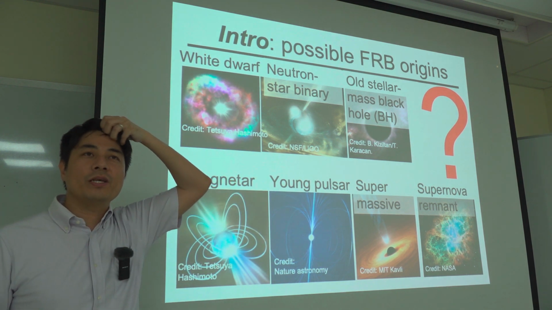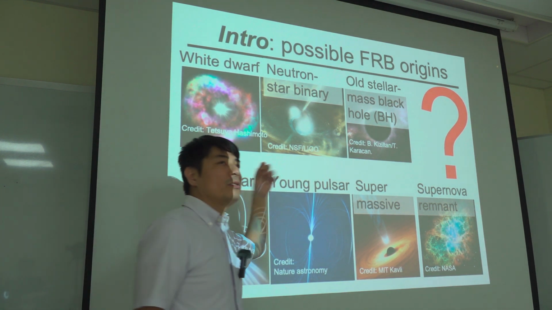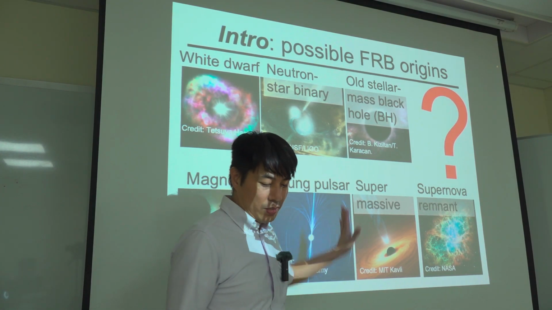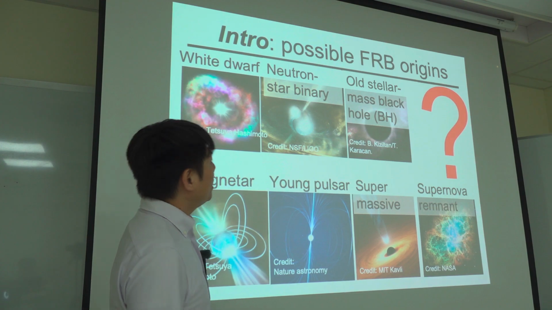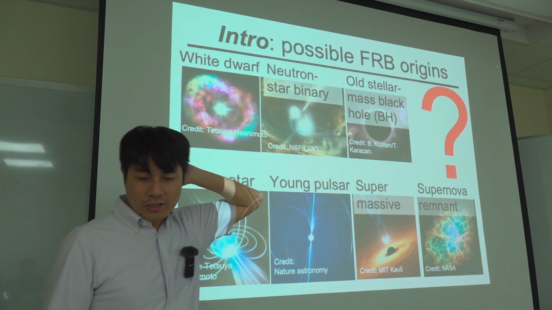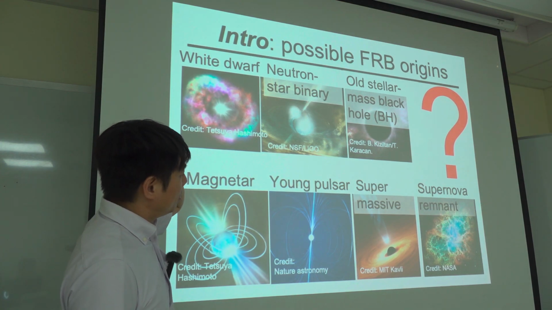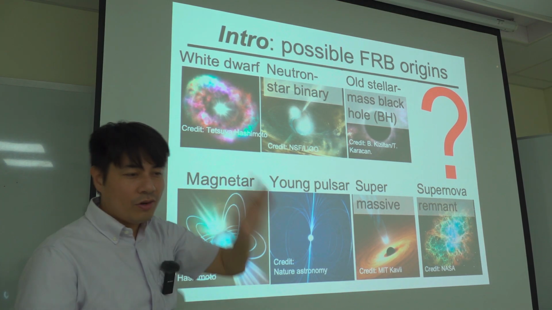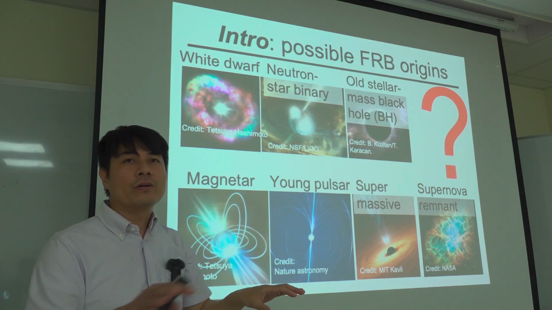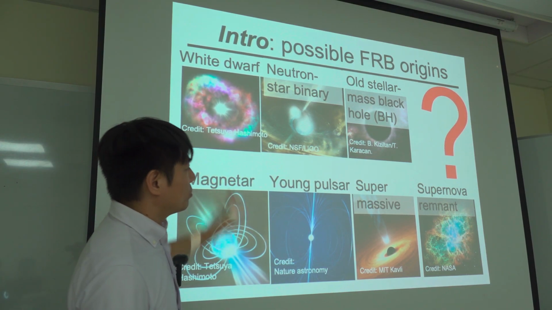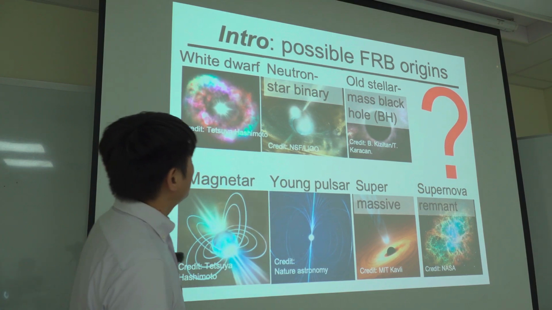I really didn't mention this this time, but this BURST project and telescope is useful for understanding the origin of FRBs. We don't know what the origin is, but there are so many models for FRB progenitors or FRB mechanisms.